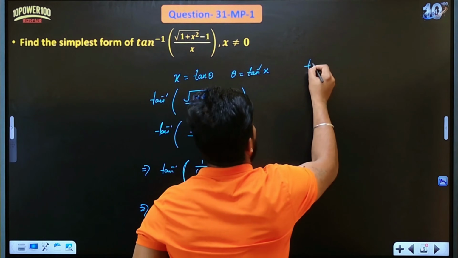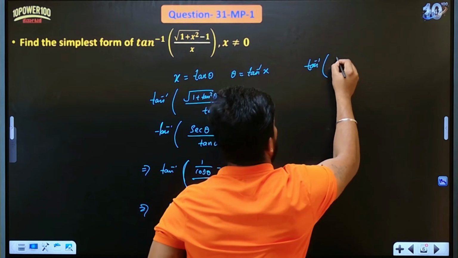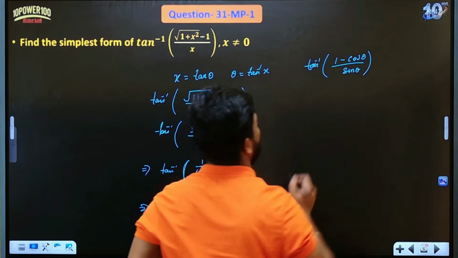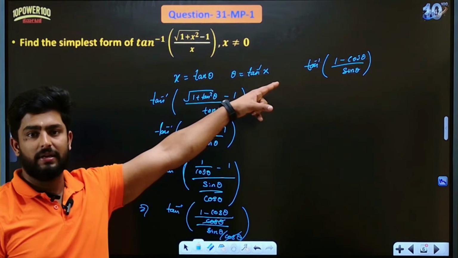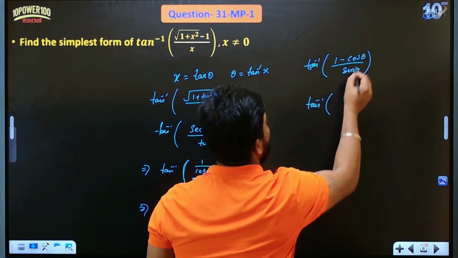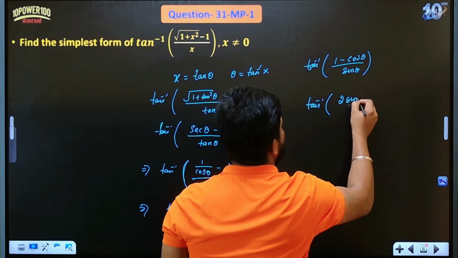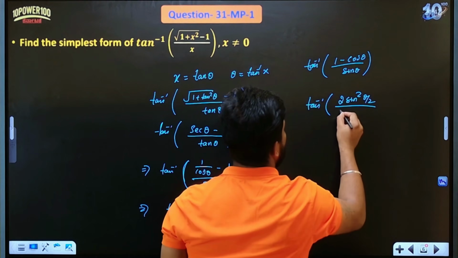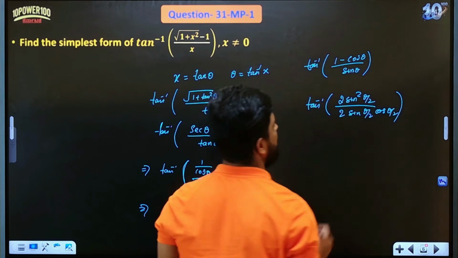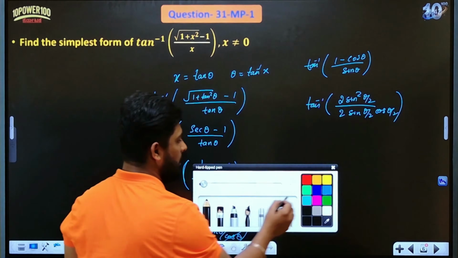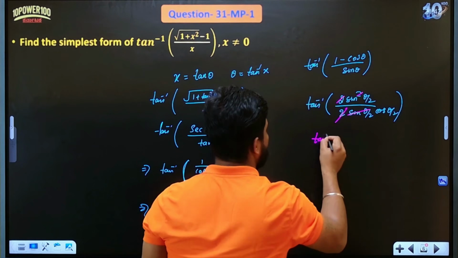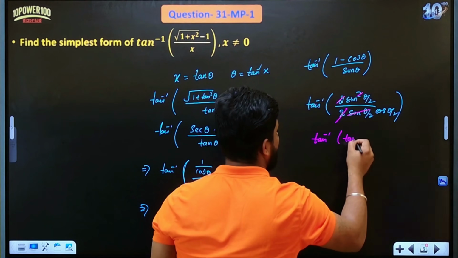Tan inverse of (1 minus cos theta) divided by sin theta is left. Okay, here you should know half angle formulas. The half angle formulas are: 1 minus cos theta is 2 sin square theta by 2, and sin theta is 2 sin theta by 2 into cos theta by 2. Now simple. 2 and 2 cancel, sin and sin cancel. So tan inverse of tan theta by 2 comes.